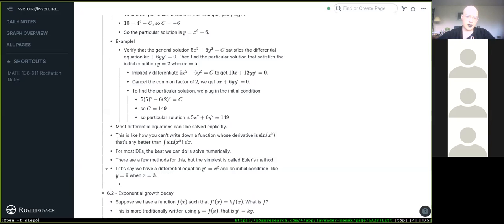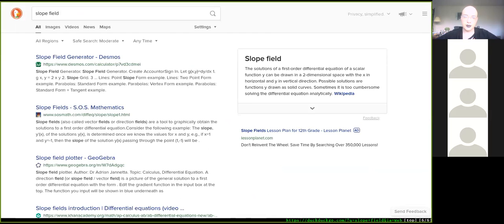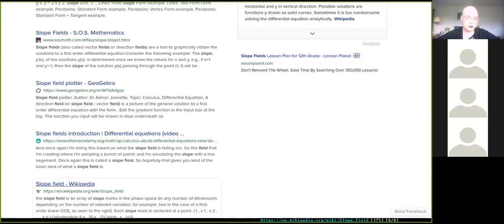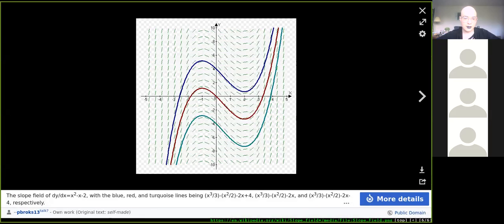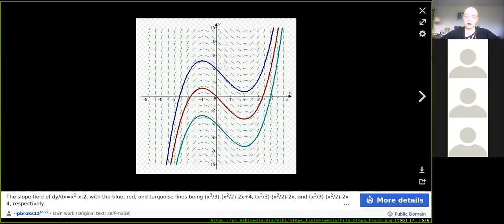So here's how I want you to think about this now. This is a picture of what's called a slope field.